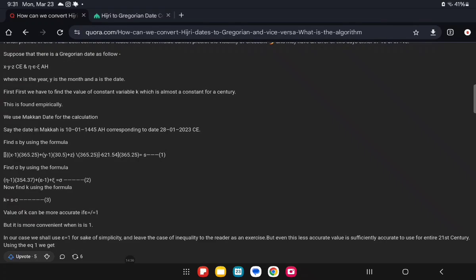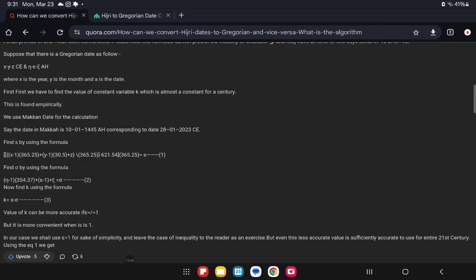Now we can find S by using the formula. So we have x minus 1 times 365.25, which is approximately how many days there are in a Gregorian year.